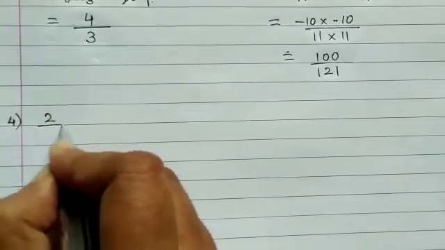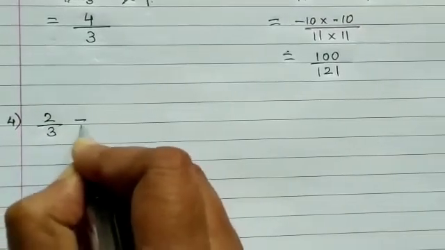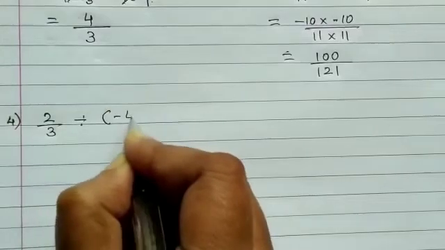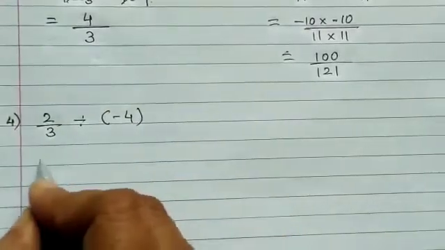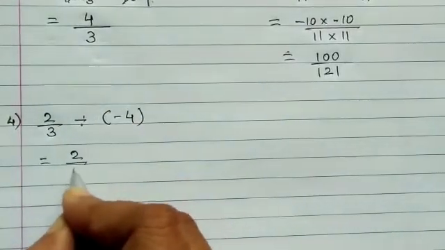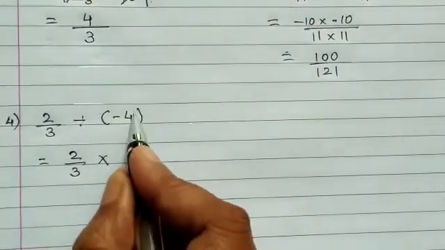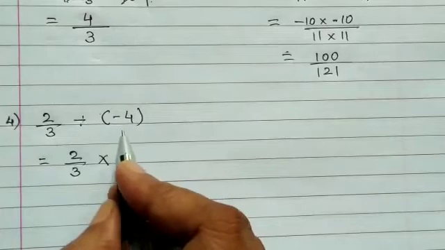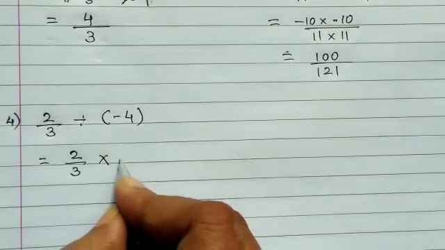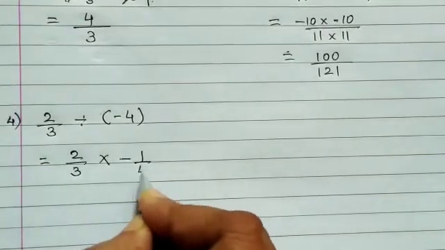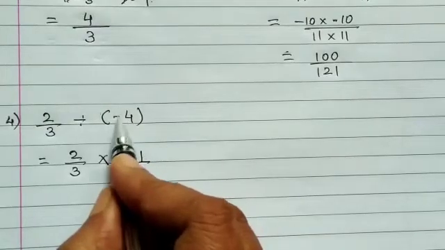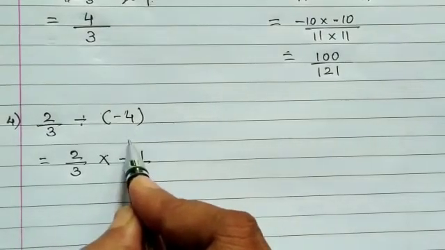The question is 2 upon 3 divided by minus 4. So 2 upon 3 multiplied by the multiplicative inverse of minus 4. The multiplicative inverse of minus 4 is minus 1 upon 4, because this is as good as minus 4 upon 1.